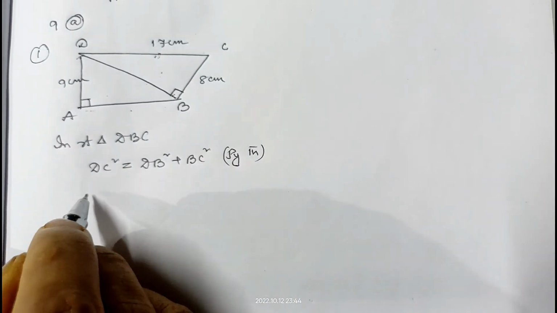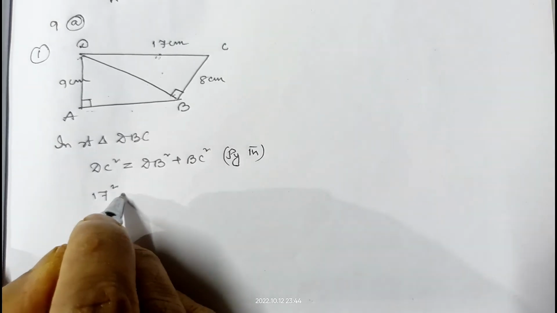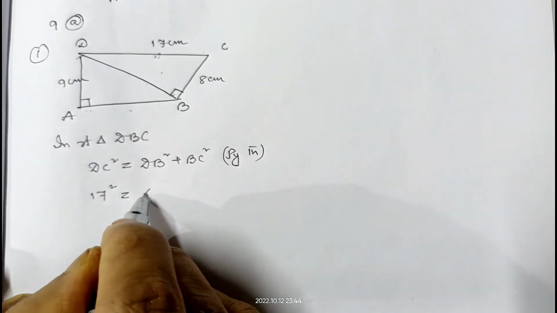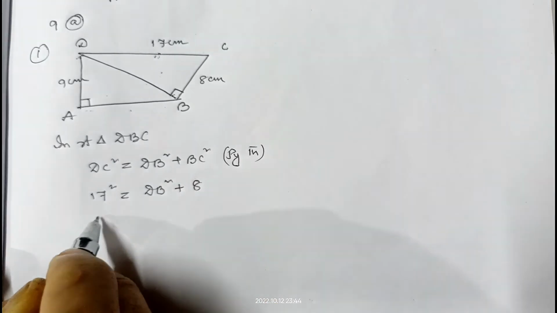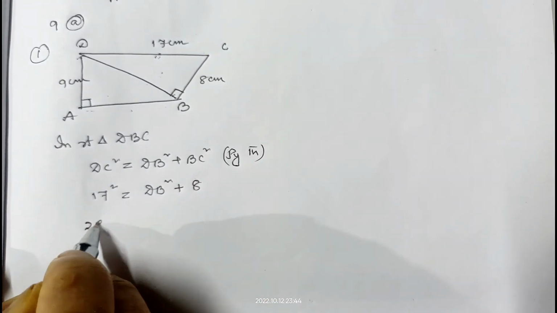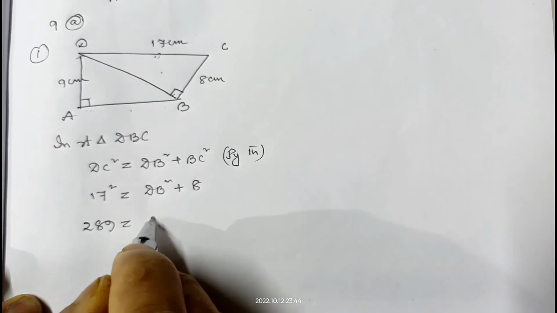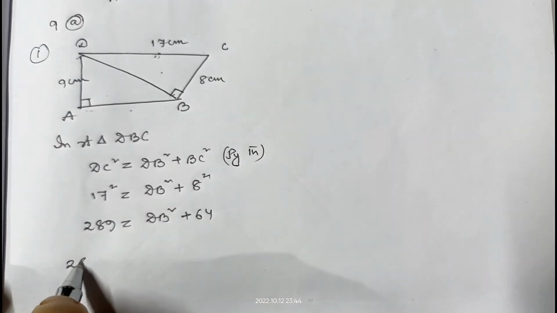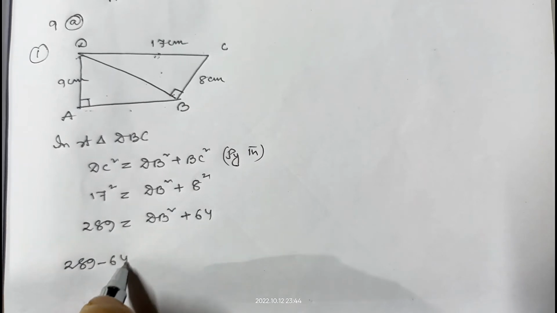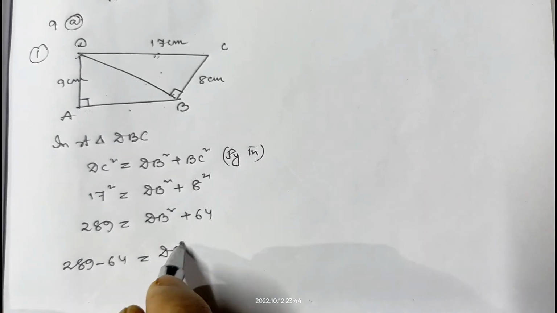Now DC is given in the question as 17, so it will be 17 square. DB is not known, so let it be DB square plus BC is 8. Now 17 square is 289 equals DB square plus 64. So 289 minus 64 will give DB square.